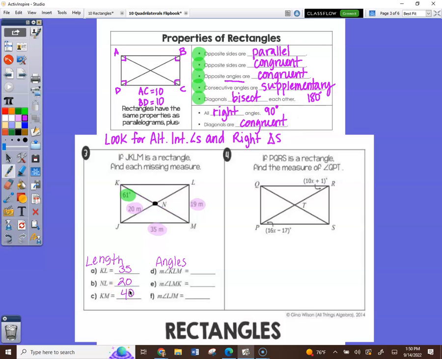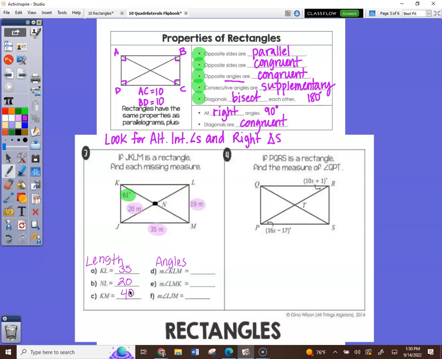Now let's look at angles. Y'all stay with me. Angles are harder just because you have to trace the letters, pay attention to what angle it's asking, and then you do have alternate interior angles that tend to pop up.